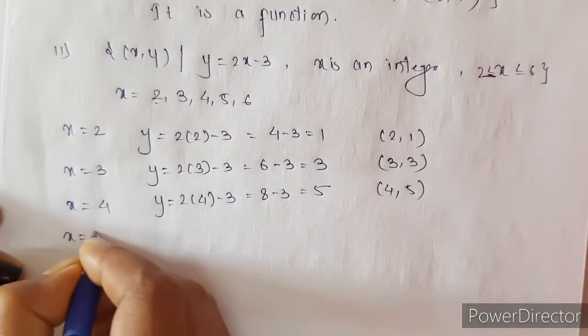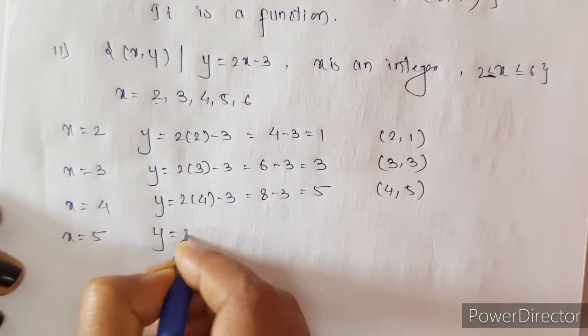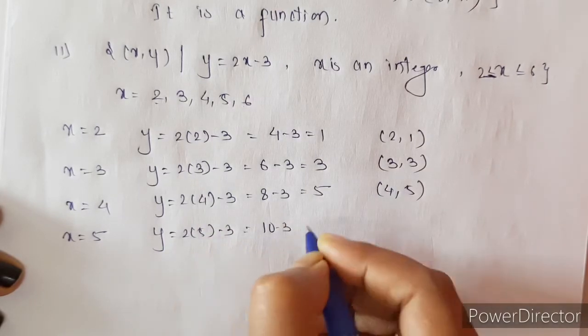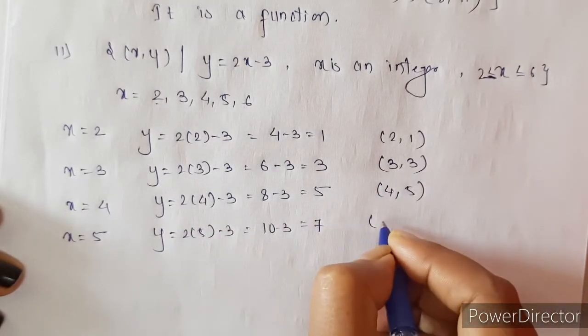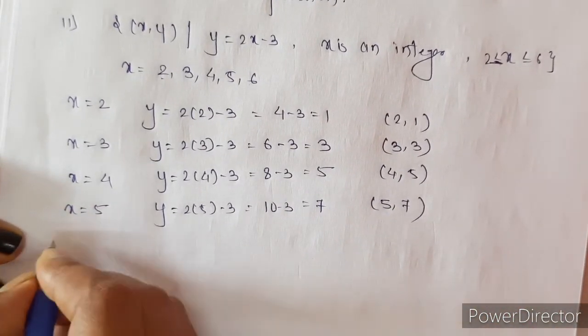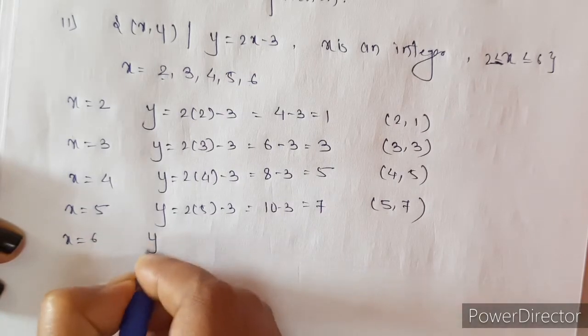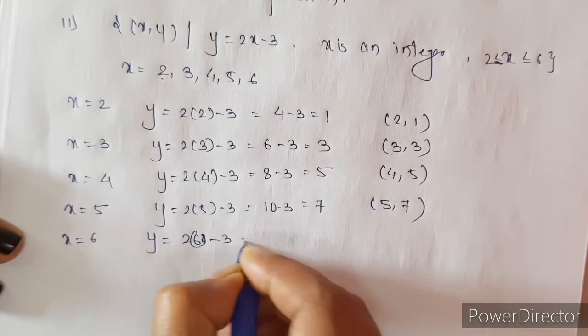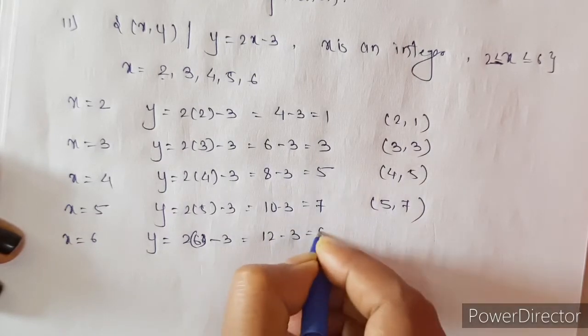Next, when x is 5, y is 2 times 5 minus 3, so 10 minus 3, which is 7. So we have (5, 7). And the last one, when x equals 6, y is 2 times 6 minus 3, so 12 minus 3, which is 9.